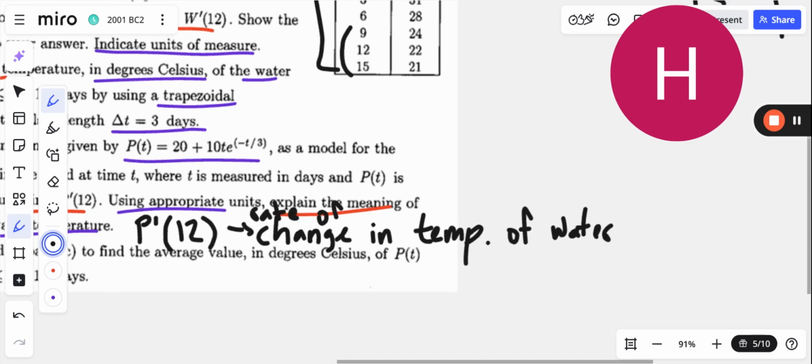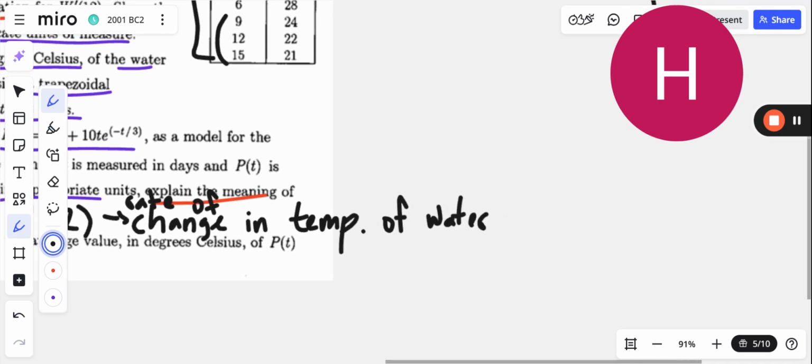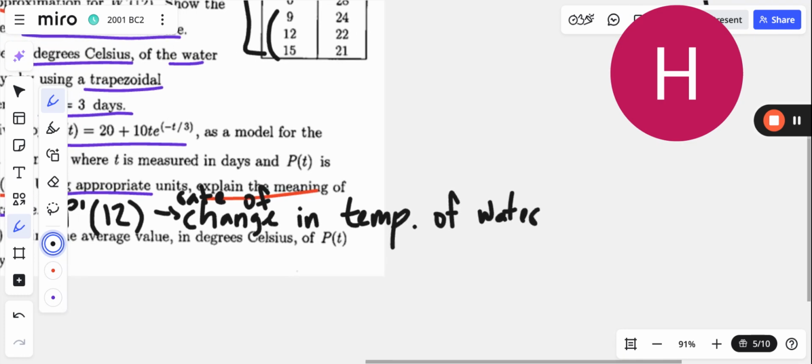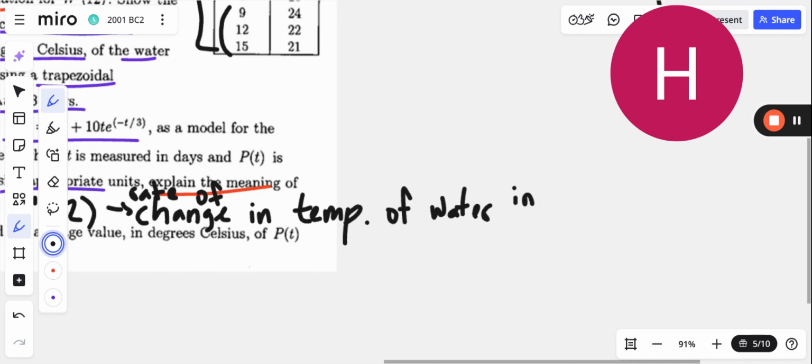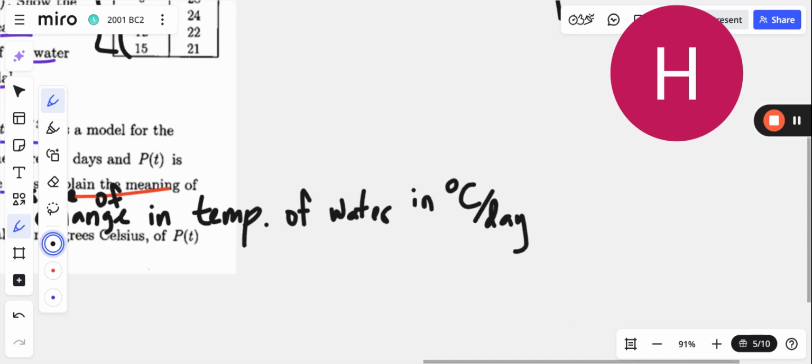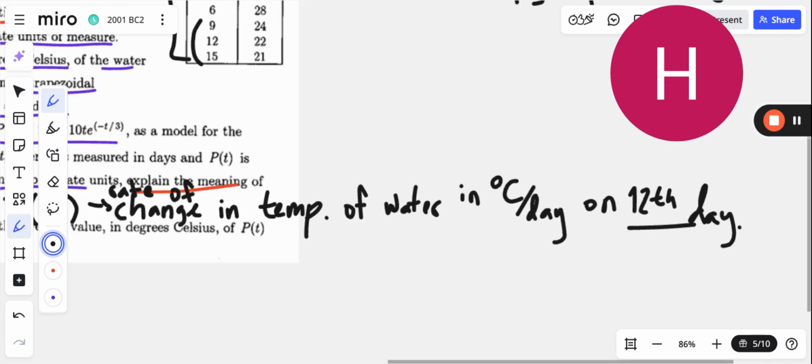It's not just the overall change, the rate of change in temperature of water per day, because T is measured in days. So in degrees Celsius per day on the 12th day. That's important because that's what the 12 stands for in the P prime of 12. So on the 12th day.